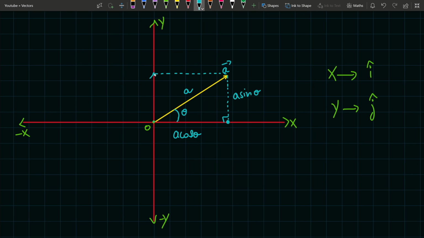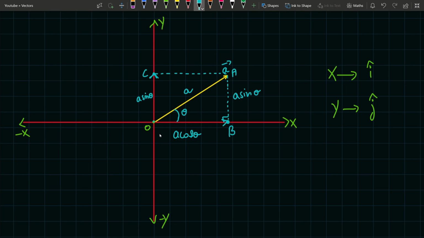This length is also A sin theta, so this length is A cos theta, and this length is A sin theta. Now let's call this point B. This is point A, this is point C.